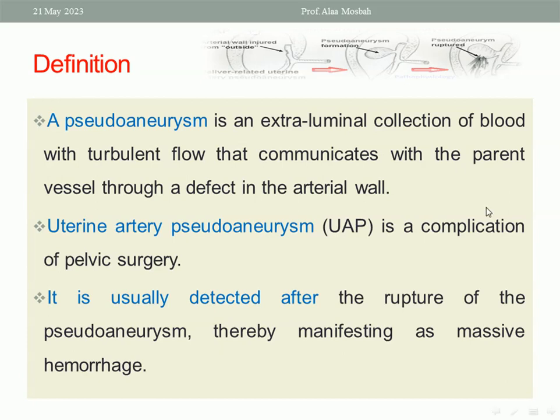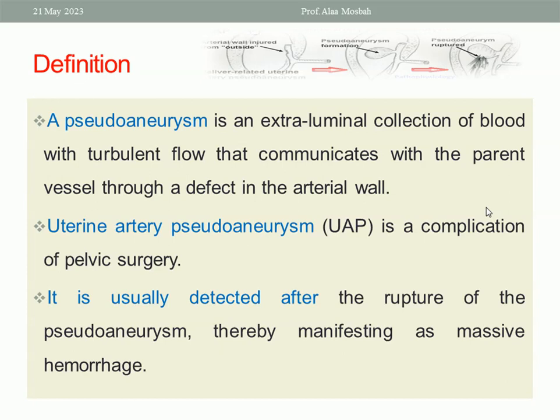Okay? Uterine artery pseudoaneurysm is a complication of pelvic surgery. I can count many obstetric and gynecologic traumas. Obstetric trauma like cesarean section, like manual removal of the placenta, like instrumental delivery, and gynecologic trauma like D&C, like myomectomy, hysteroscopic surgery, and so on.